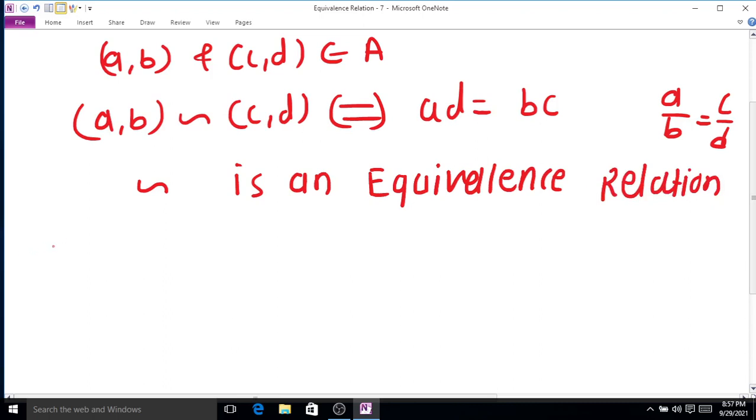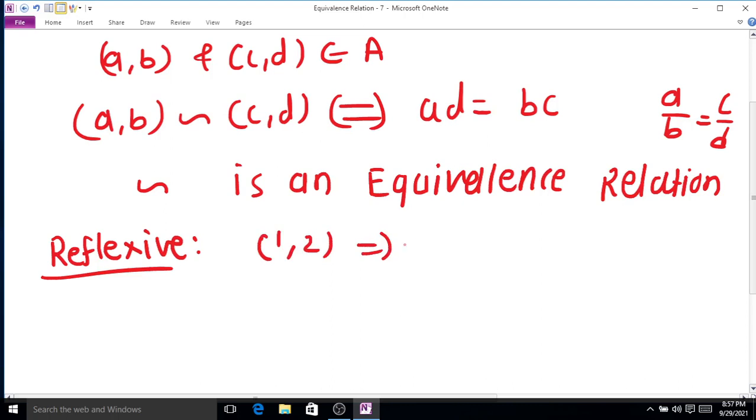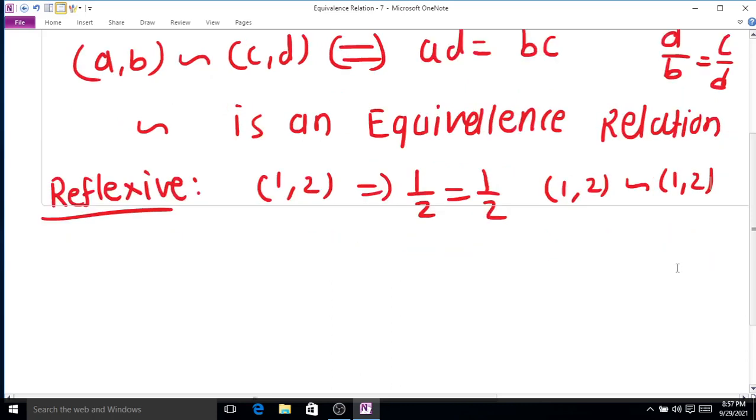Now, to check whether it is an equivalence relation or not, first we want to show whether it is a reflexive relation. For any ordered pair, suppose we take an example (1, 2), then 1 times 2 is equal to 1 times 2, that is, every ordered pair (1, 2) is related to (1, 2).